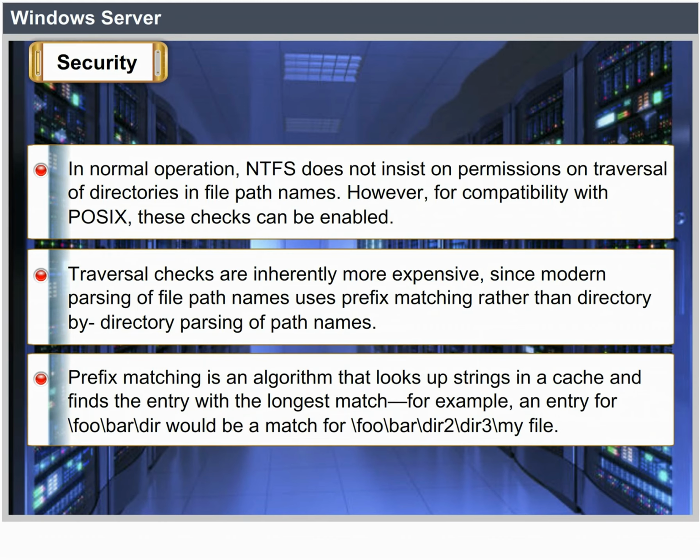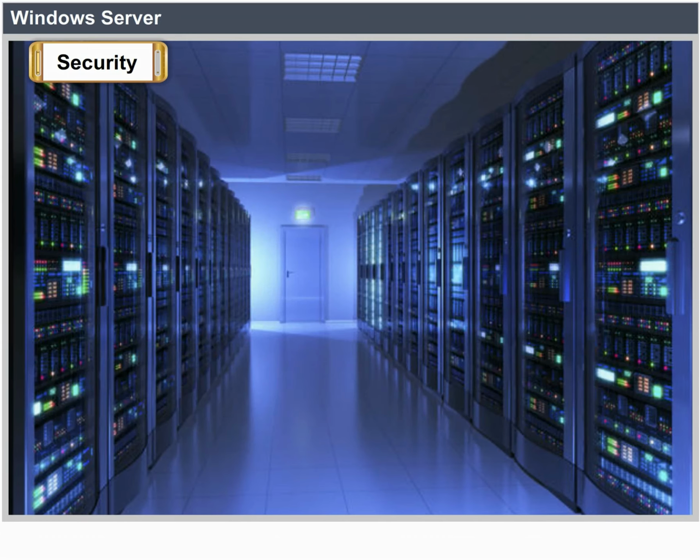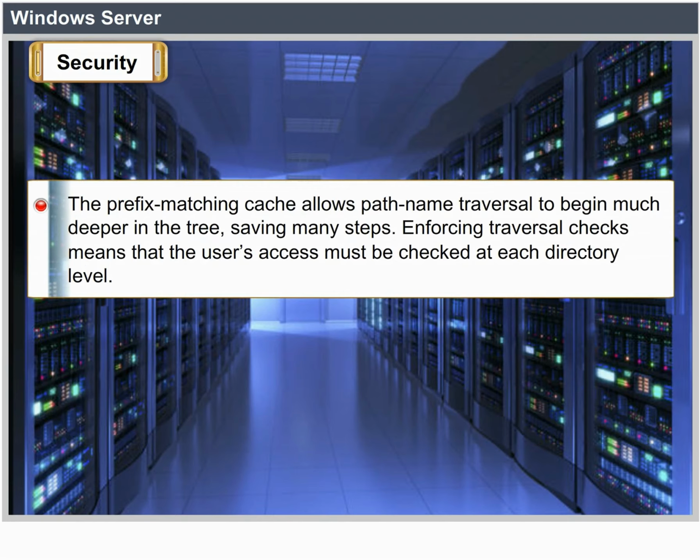For example, an entry for /foo/bar/dir would be a match for /foo/bar/dir2/dir3/myfile. The prefix matching cache allows path name traversal to begin much deeper in the tree, saving many steps.